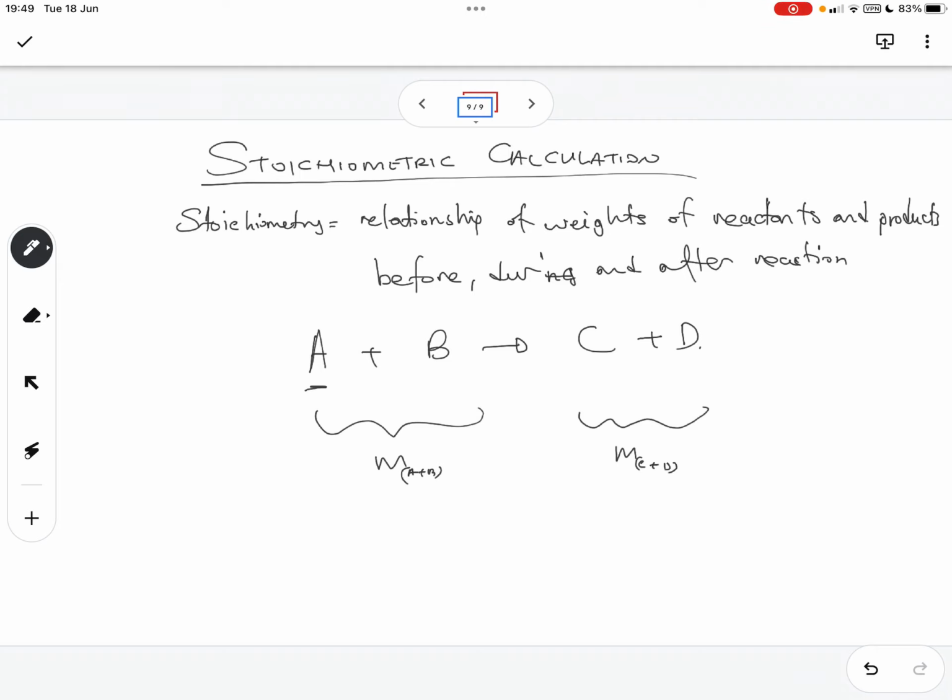So we will be using that to know how much product will be formed in a chemical reaction, or how much reactant is needed to make a specific reaction. These kinds of calculations become important for our grade 11 and 12 work, but we're just starting it here because this is the basis of how we calculate these things.